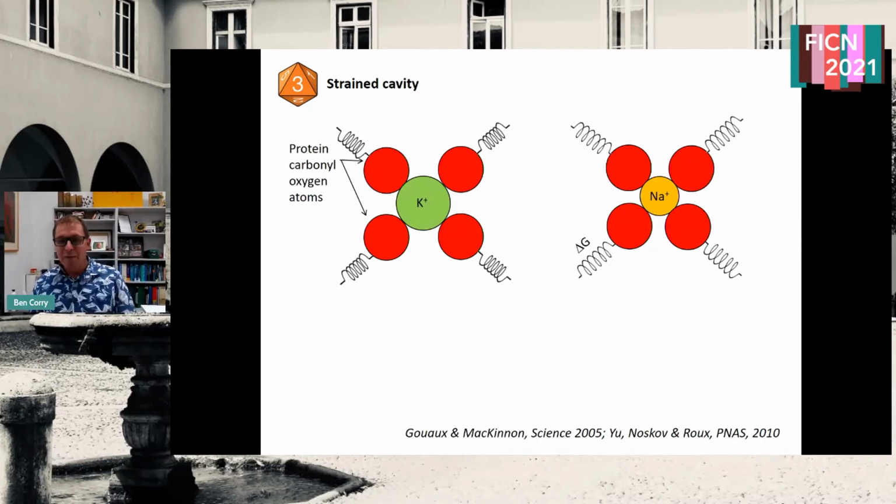It can be just stretching of the carbonyl bond, which is sort of what I'm suggesting here. It can be very subtle conformational changes throughout the protein, or pairs of atoms just becoming slightly closer or further apart. So I think we understand the concept of this mechanism quite well, but it still remains quite a challenging one to quantify effectively.